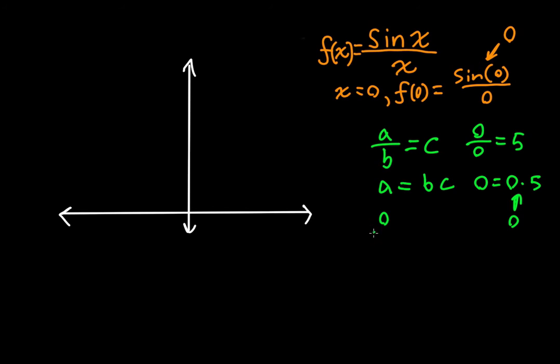If we say 0 divided by 0 is equal to L, just some random L, then it follows that 0 is equal to 0 times L. So that's always going to be true. So 0 divided by 0 can really be equal to anything. There's no way to define it. It's not that it's undefined necessarily, but it's defined as too many things, so it's meaningless.